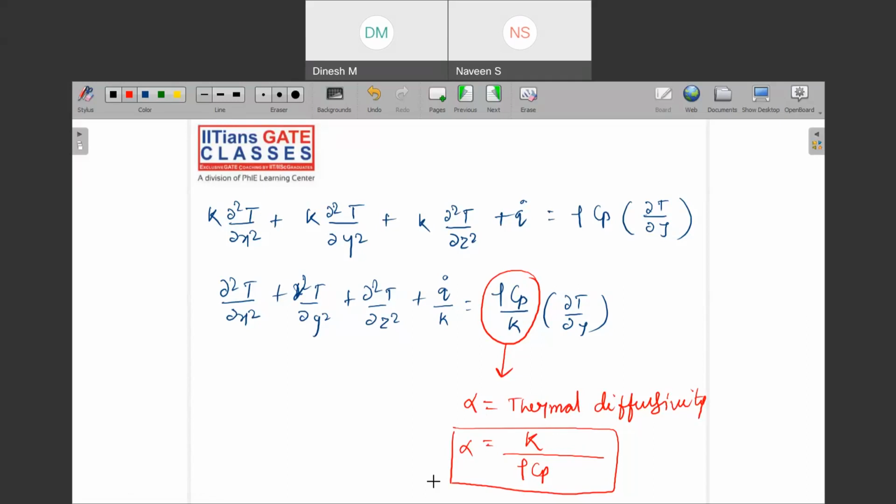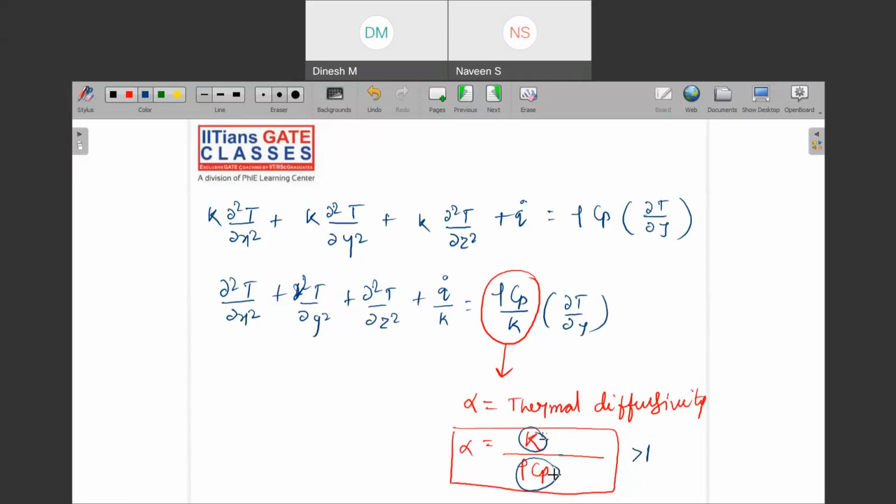It says that the body has some ability to conduct the heat, which is given by k, and the body has the capacity to store the energy, which is given by rho cp. So this ratio signifies that if this value, let us say, is greater than 1, then it will conduct more heat compared to what it will be storing.